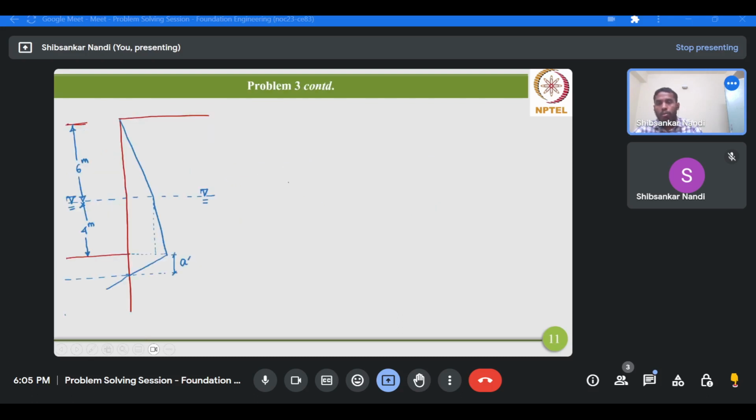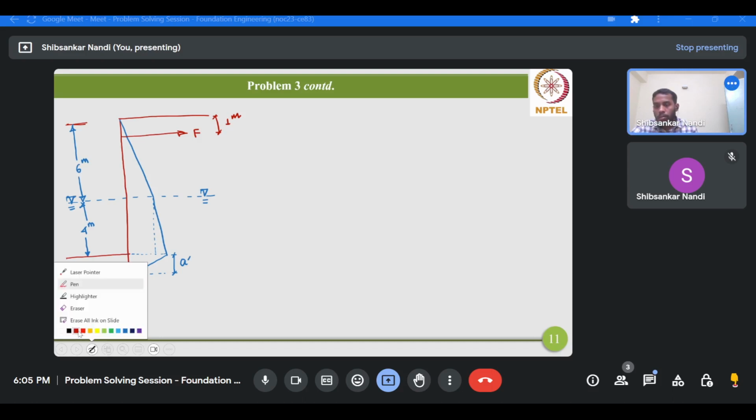This anchor force I didn't show earlier. It is at a depth of 1 meter from the ground surface.